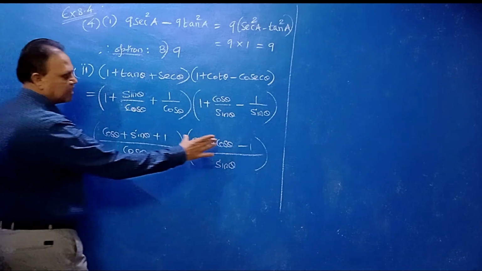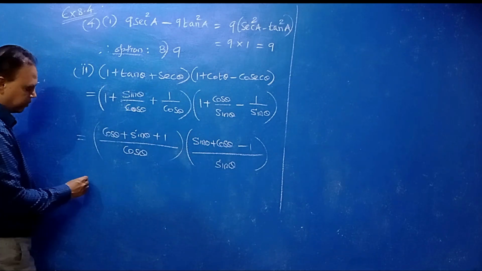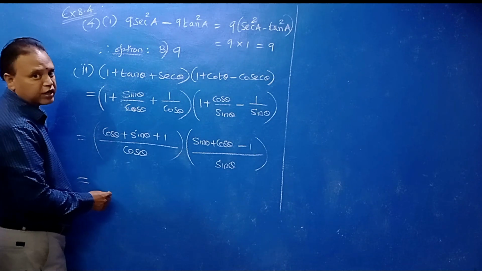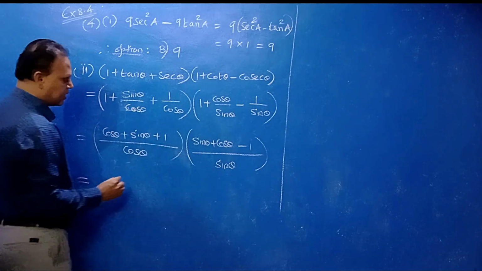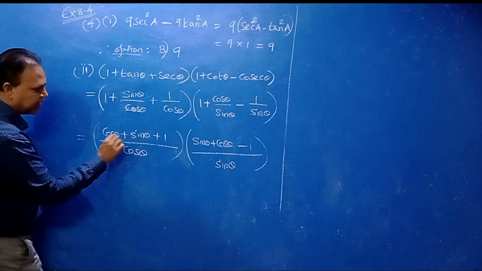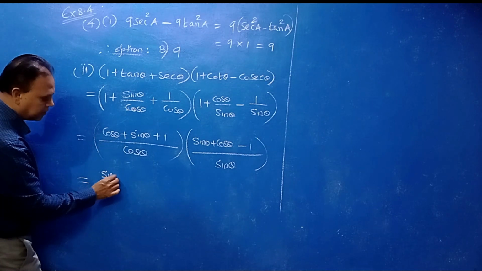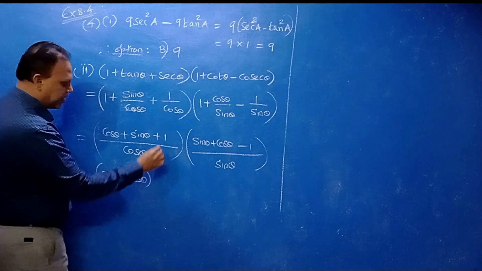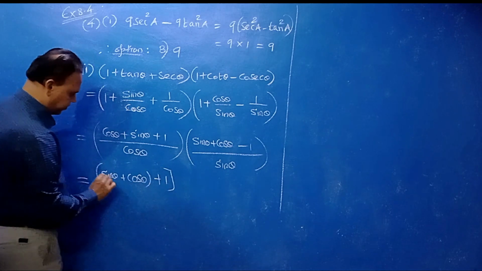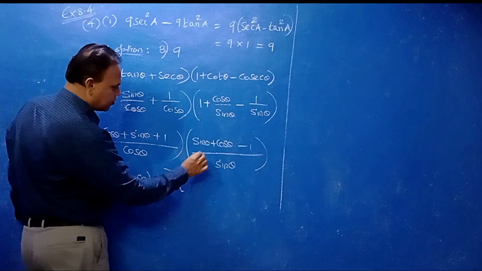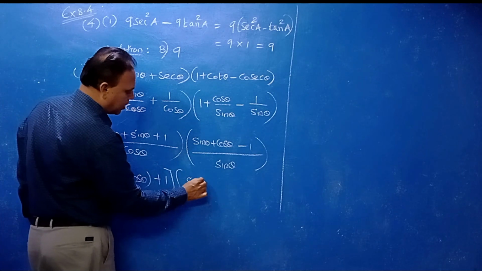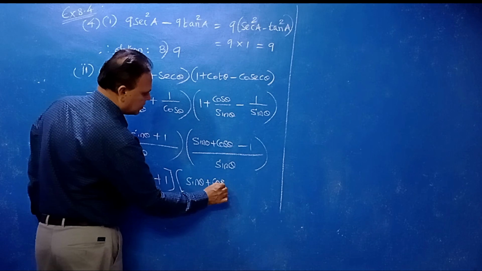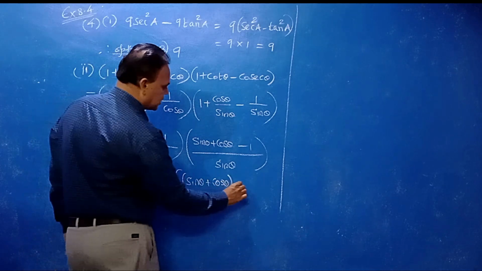Now this is one factor, this is another factor, and both you have to multiply. Numerator into numerator I am multiplying. I am writing this for my convenience: (sine theta plus cos theta) grouped, plus 1, then (sine theta plus cos theta) minus 1.